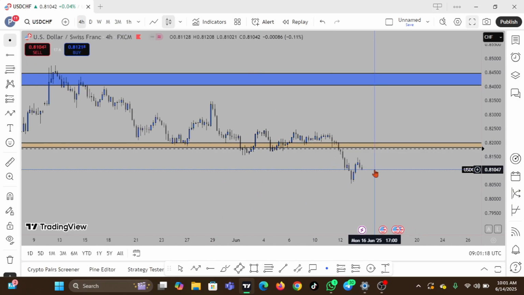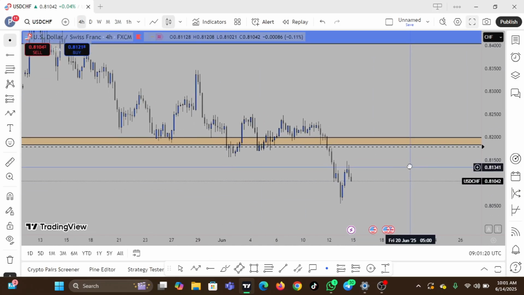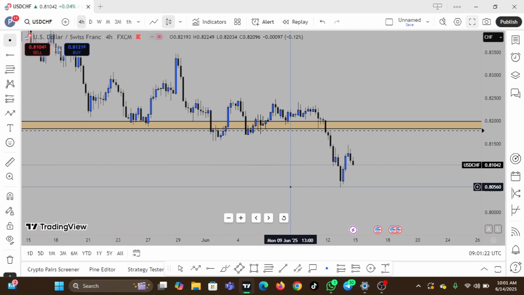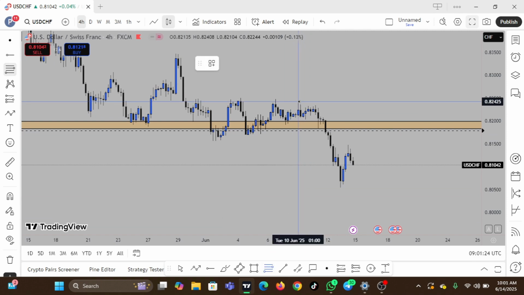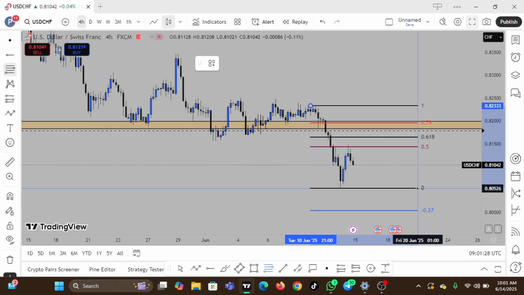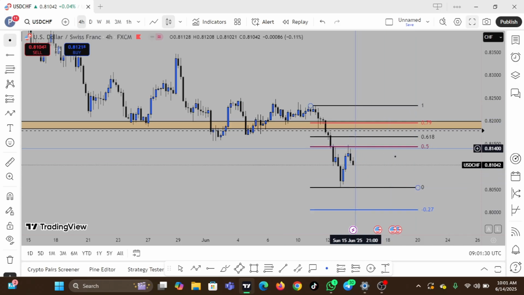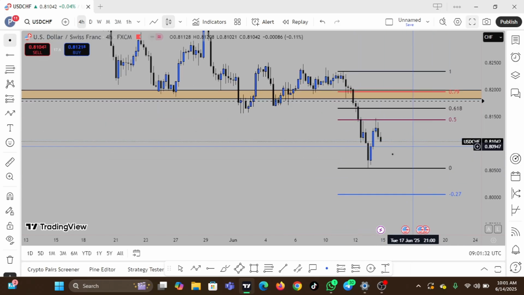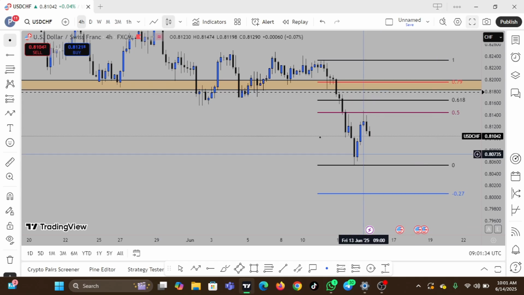So we want to look at the 4 hour charts. But if price fails to get to this point, we can put on our Fibonacci from the recent high to recent low. So currently price is rejecting off from 0.50. Yes, price may continue to drop from here, but we also don't need to jump on a trade.